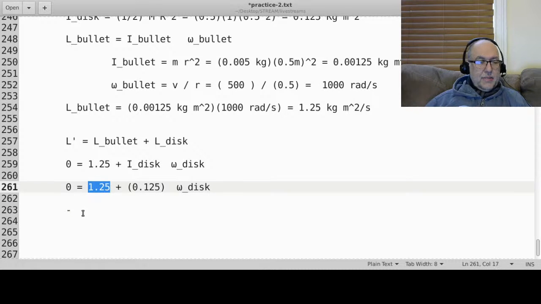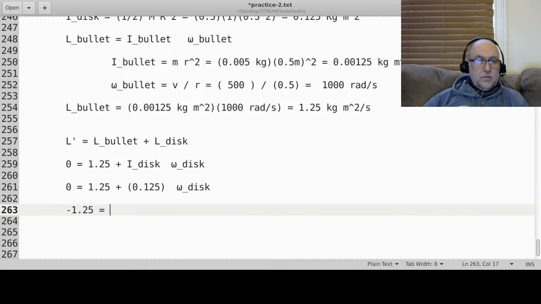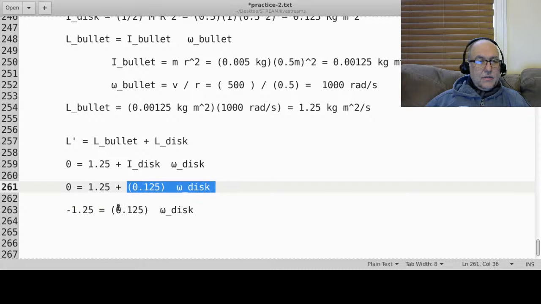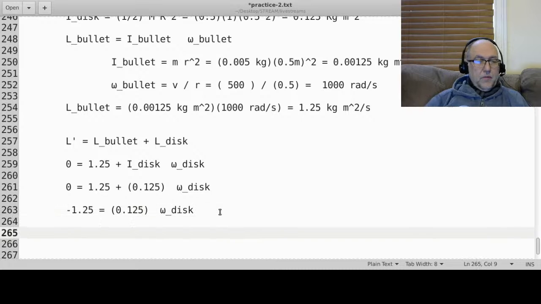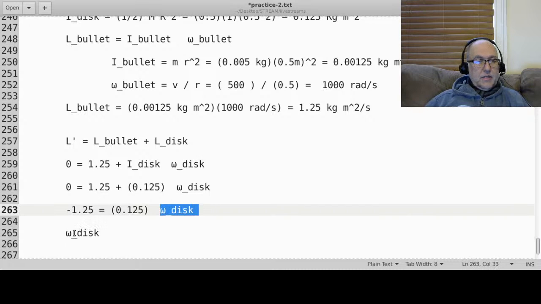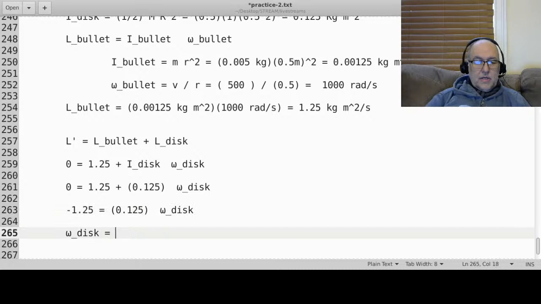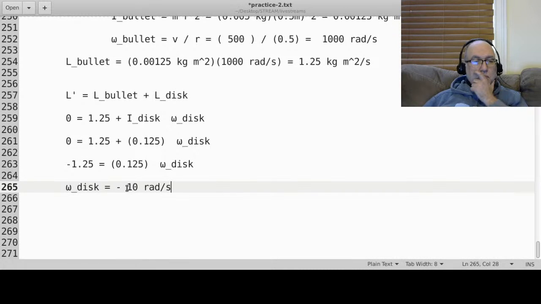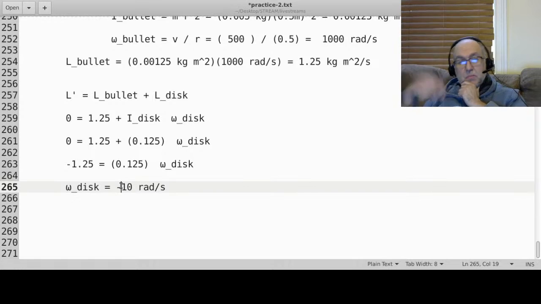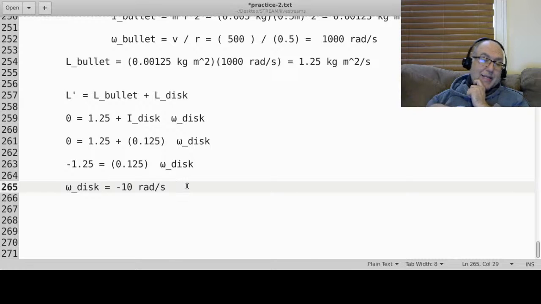Just one more step. That is equal to that. So guess what you get? Omega of the disk is equal to negative 10 radians per second. And it's negative because it would be spinning in the opposite direction to the bullet. So the disk would actually compensate by spinning in the opposite direction at 10 radians per second.